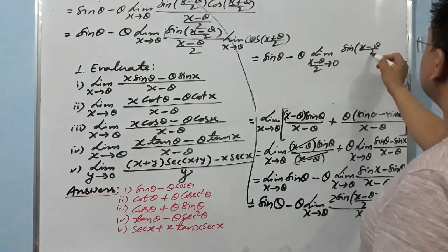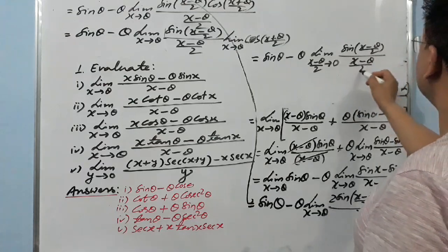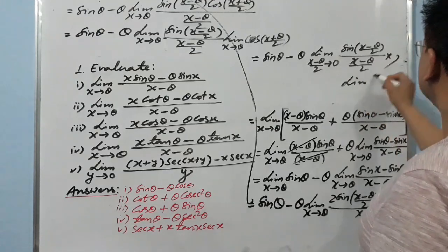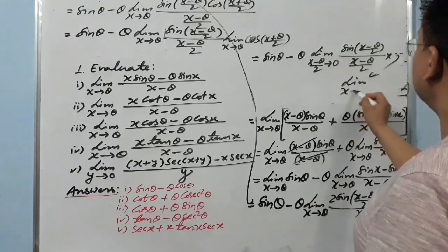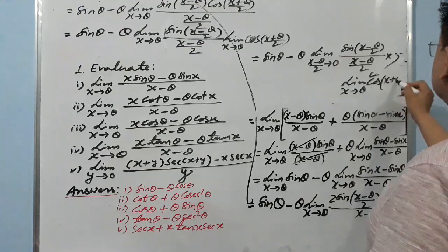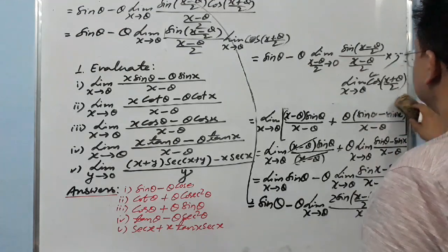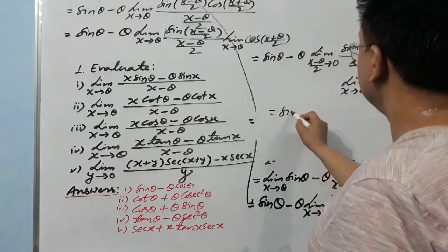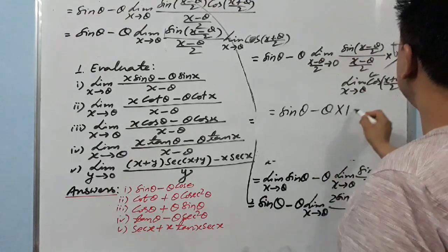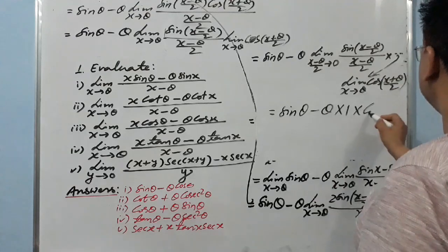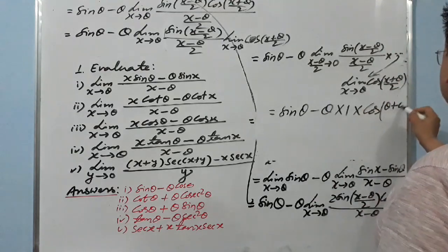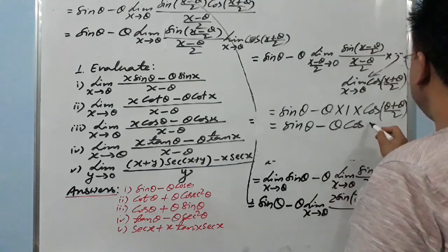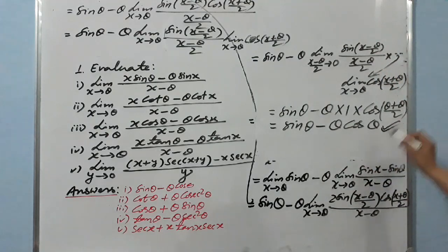So sine of (x minus theta)/2 over (x minus theta)/2 times the limit as x tends to theta of cos((x plus theta)/2). This is equal to sine theta minus theta, this becomes 1, and this becomes the limit of cos((theta plus theta)/2), so simply cos theta. So this is the limit of this function.